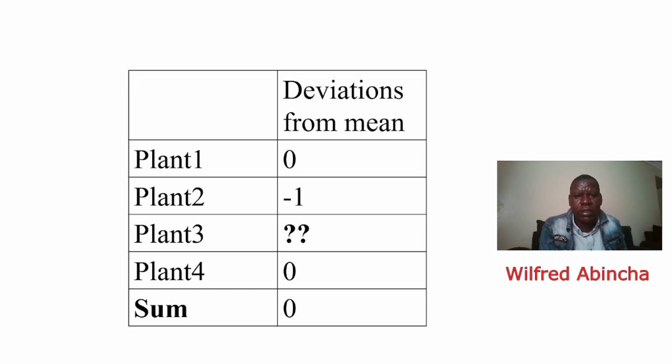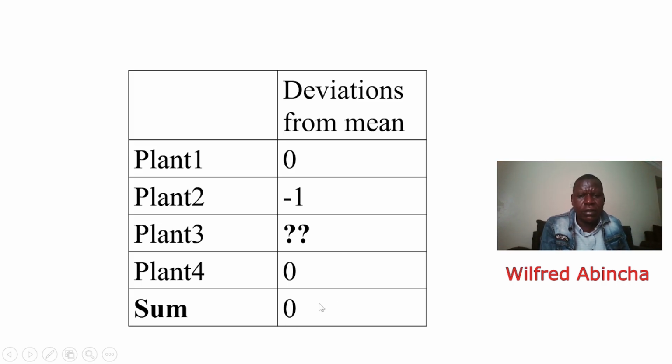This is because the value of plant 3 is attached to a constraint, which is that the sum of deviations from the mean is 0. Therefore, this value of plant 3 has to be a value that will satisfy this constraint.